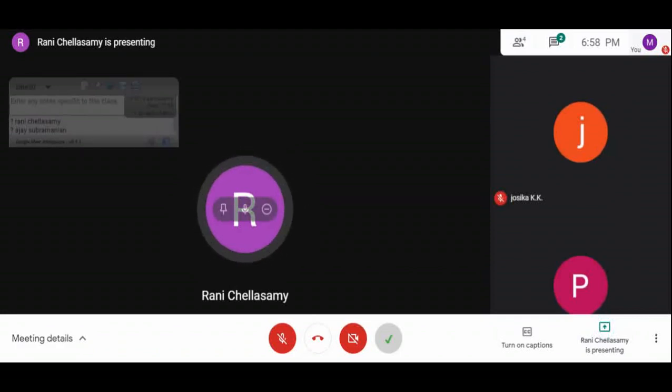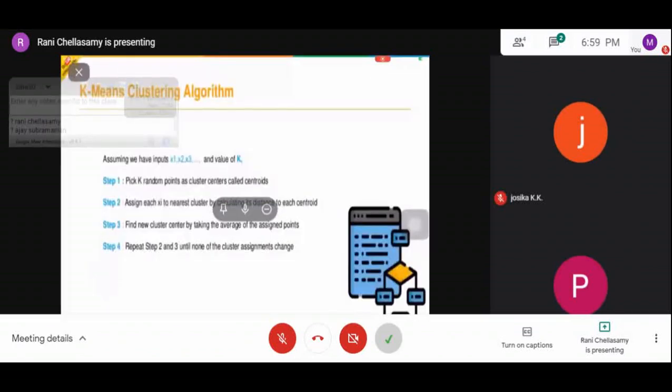The second thing you need to do is assign each x to the nearest cluster by taking the distance to each centroid. Third step, you need to find a new cluster center by taking the average of the assigned points. Fourth step, repeat steps 2 and 3 until none of the cluster assignments change.